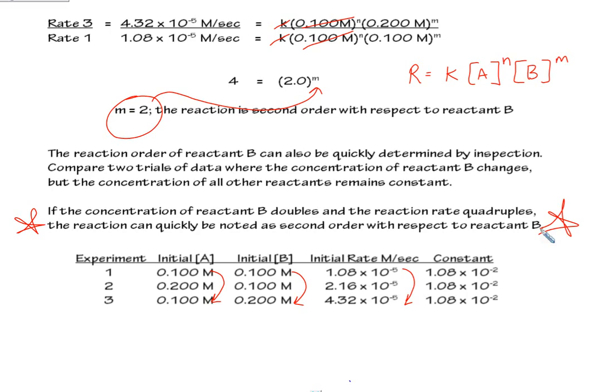Now again, this could be all kinds of different combinations. What if you triple the concentration, and the rate goes up by 3 to the second power, the rate goes up by 9.